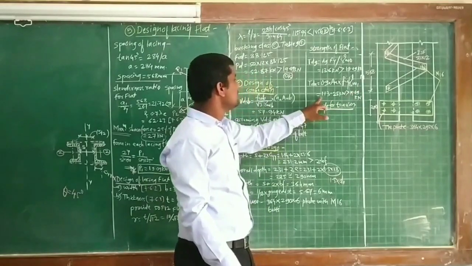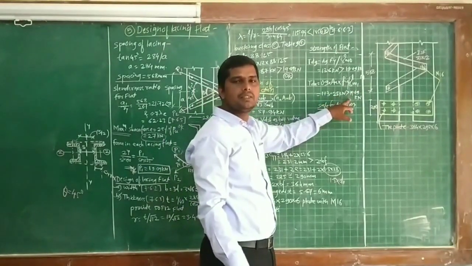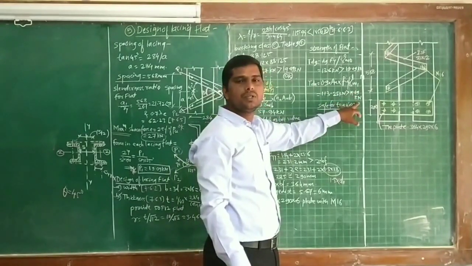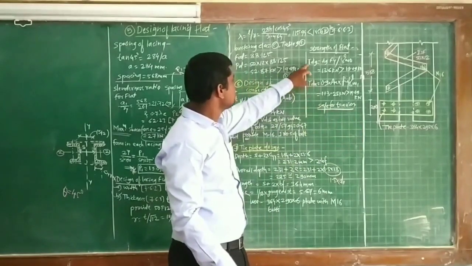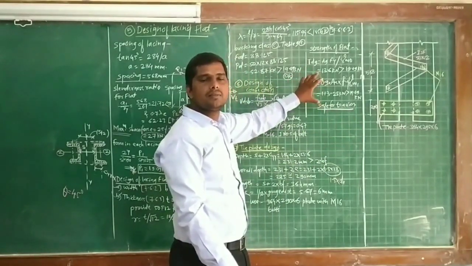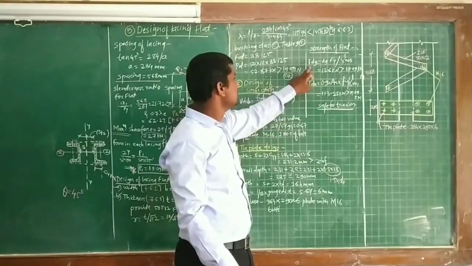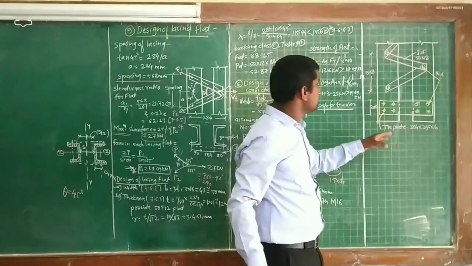So the answer will be 113.25 kilonewton, which is greater than 19.09. So it is safe under tension. So these are the two criteria to check whether it is safe or unsafe under tension, by using TDG and TDN. Now lastly, coming to the diagram.